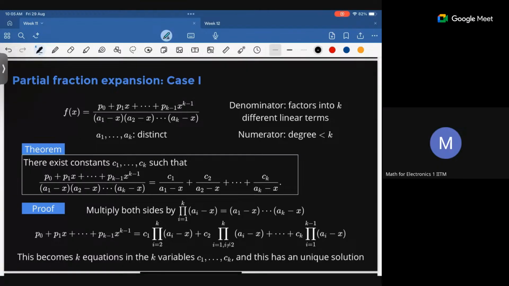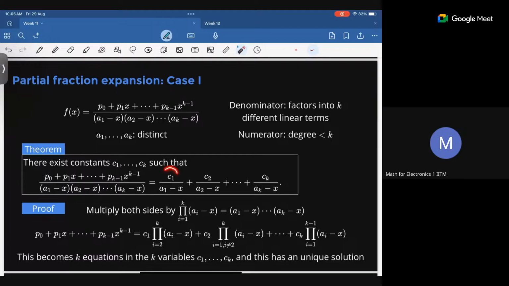Okay, so if the denominator can be written as (a1 minus x) into (a2 minus x) into (ak minus x), like if it has some k factors and all these a1, a2, ak's are distinct, so this is case 1, okay? In this case 1, if all of them are distinct, then we can rewrite this whole expression as a sum of k terms.